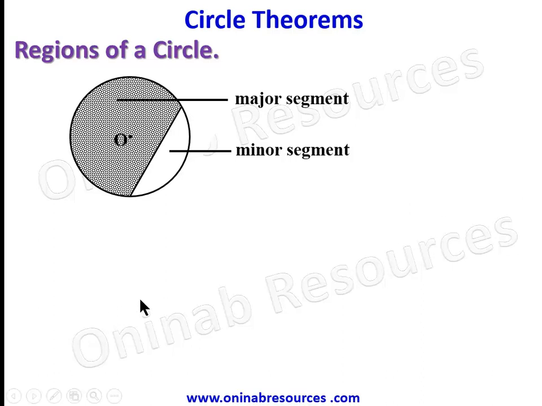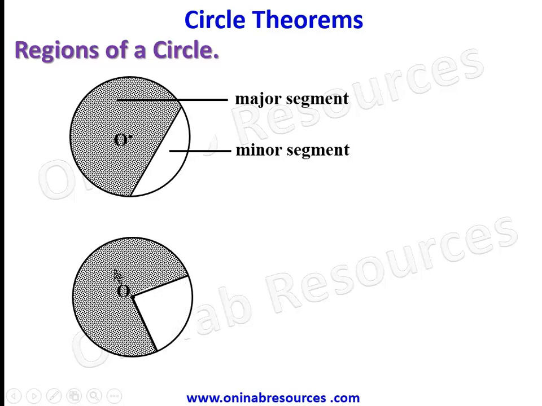And we go further, we have another circle center O. We have radius, another radius. These two radii divide the circle into two sectors. So we shade the larger sector, which is referred to as major sector, and the sector that is not shaded is called the minor sector.